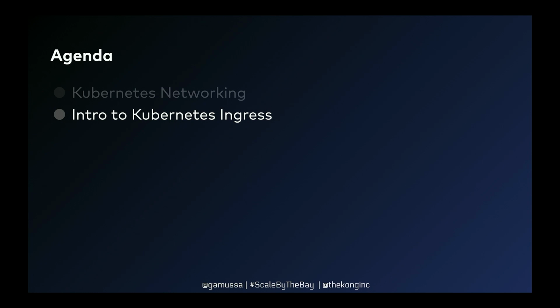We're going to look at what's good about it and what its shortcomings are. We will talk about what is happening in the community and how the community tries to address some of the shortcomings of the ingress object, and see what is happening after ingress. So essentially, the past, present, and future of this technology.